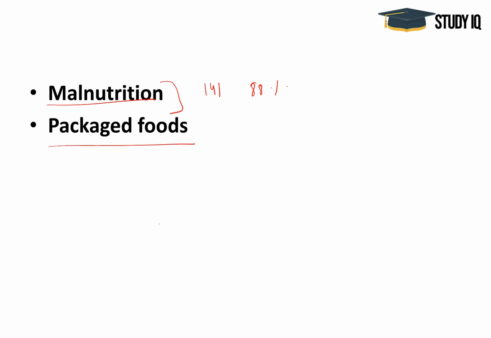Now when we talk about packaged foods, as per this report, 21% of packaged foods in India are rated as being healthy. So only 21% of the packaged foods you are eating in India are healthy.